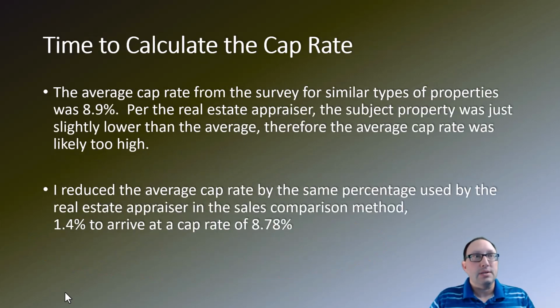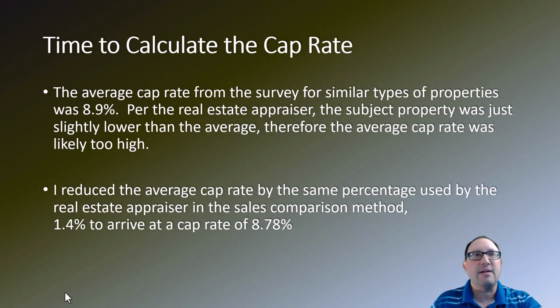So to calculate it, I looked at the average cap rate from the investor survey. Remember that? It was 8.9%. So adjusting that 8.9 by the same percentage of average that the real estate appraiser used in his market approach, I dropped that 8.9 average cap rate by the 1.4% to come up with 8.78%.